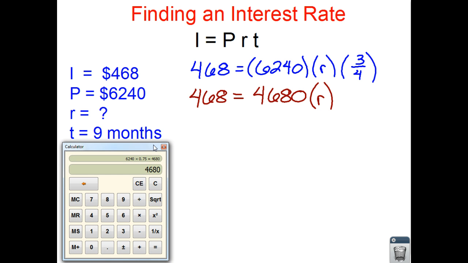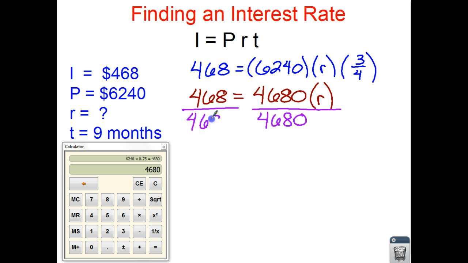Okay. And again, if we're solving for the missing variable and it is attached to the whole number, the number 4,680, to get rid of that 4,680, we do the inverse operation of division, and that is going to eliminate it from the right side. And to balance the equation, we must also do that to the left side.